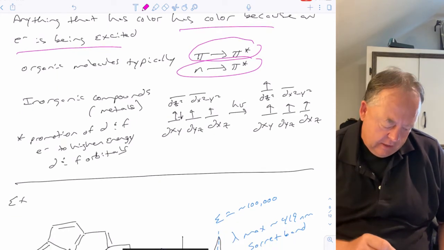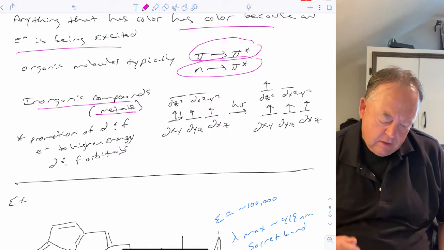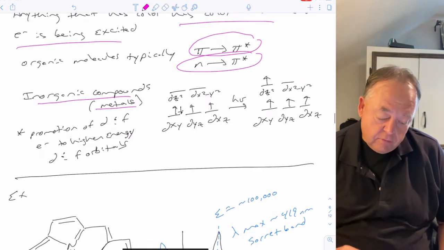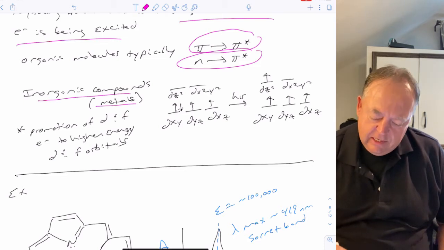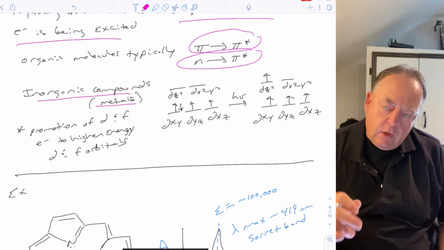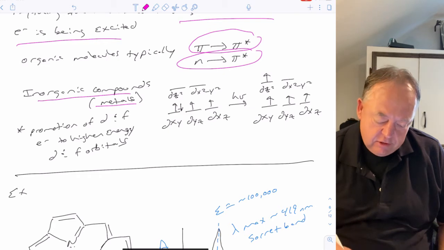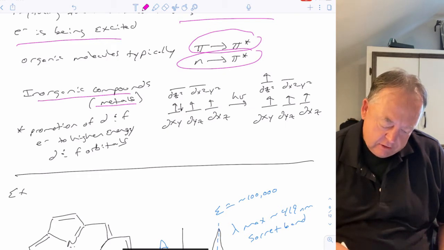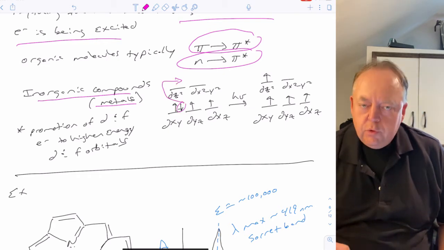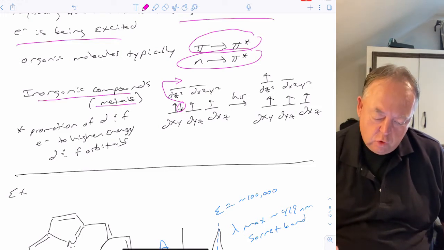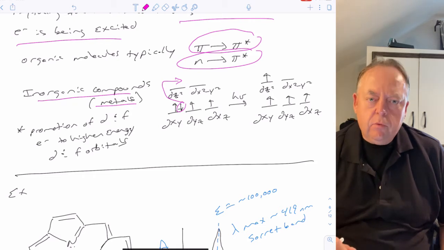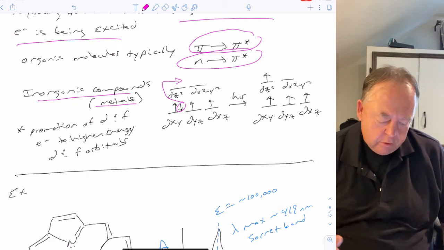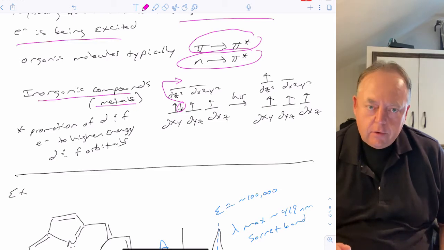If inorganic elements are involved, also metals, where you have d and f orbitals that are not all at the same energy, you can see promotion of electrons from one d orbital to another. Again, an electron is absorbing energy, and that transition typically happens in the visible region of the spectrum. So a molecule with a metal in it will typically have color as well.